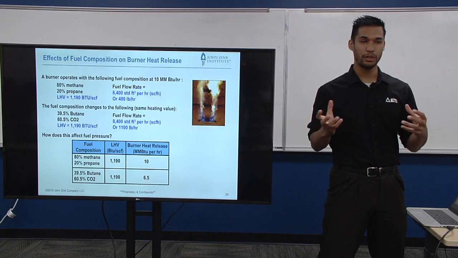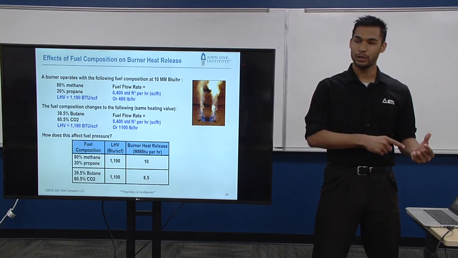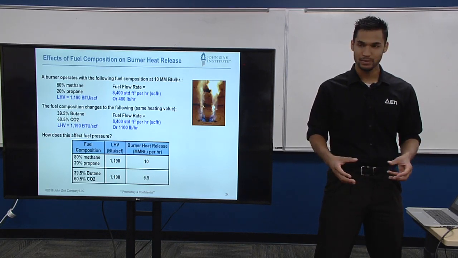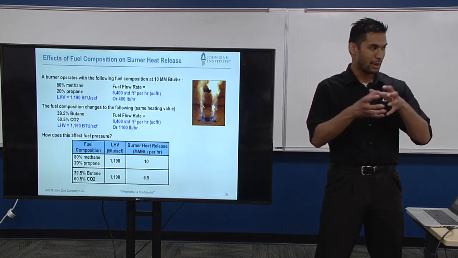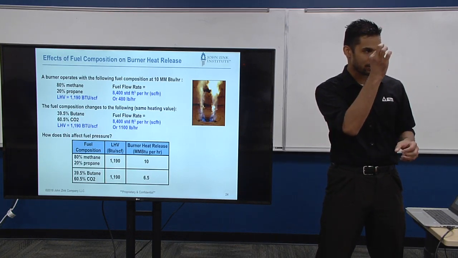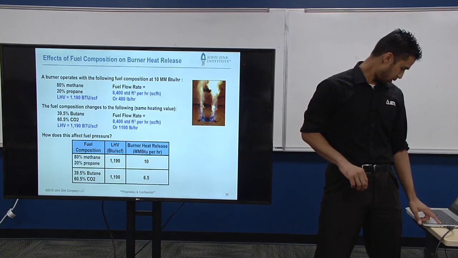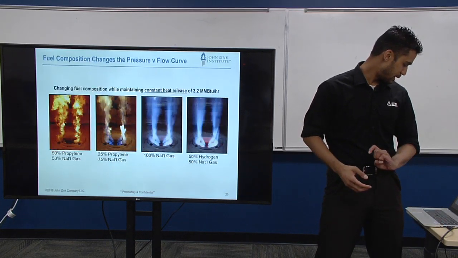So if I switch to a fuel with a different molecular weight, the fuel flow rate is going to be different at a different pressure because my molecules are shaped differently, and now I can fit more through the same size hole at the same pressure. So what will happen is the fuel flow rate will change if I keep the same pressure.